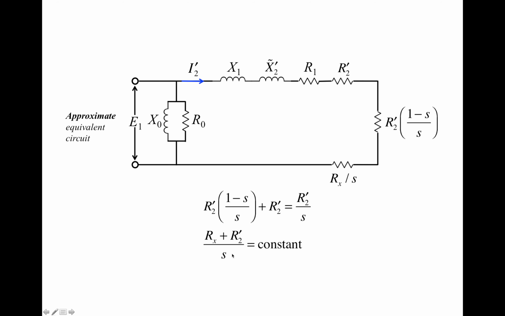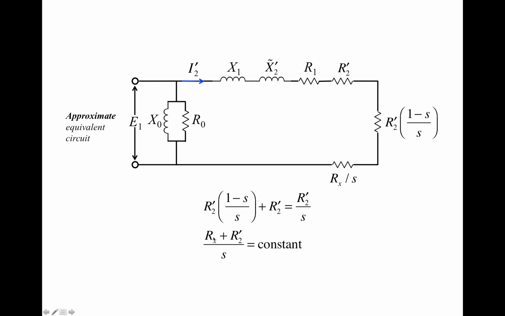As the absolute value of S increases, what we can do is to increase this external resistance Rx in such a way that Rx plus R2 prime, divided by S, keeps constant.